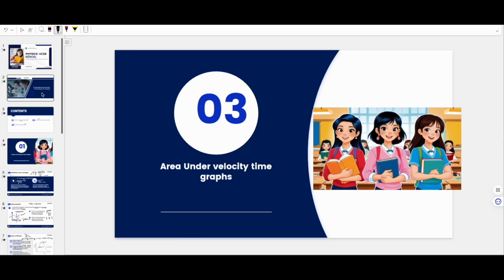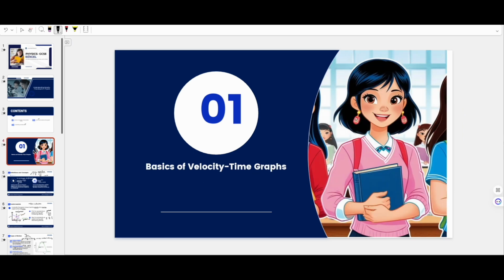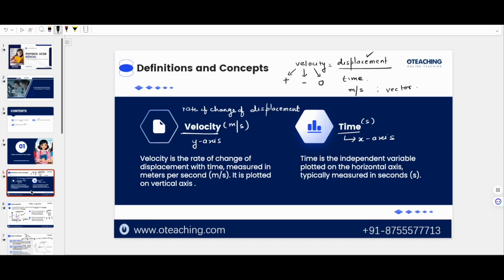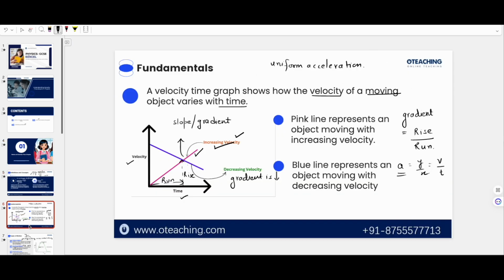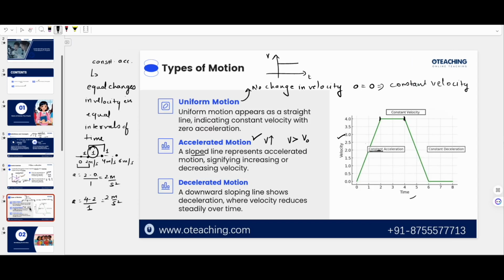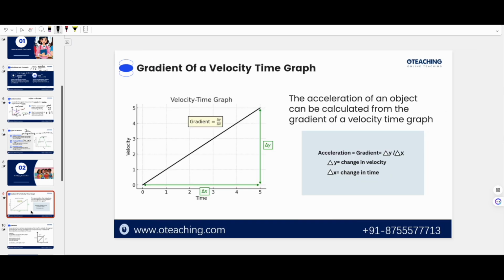Okay, let's very quickly summarize what we have learned. We have learned the basics of the velocity time graph. Then we have learned that in the velocity time graph, it's the gradient that is going to give you the acceleration, right? Then we have learned that there are different kinds of motion: uniform motion, accelerated motion, and decelerated motion.